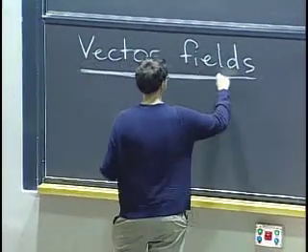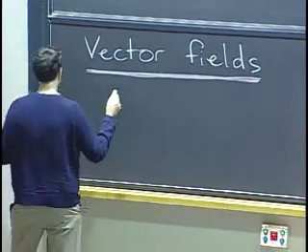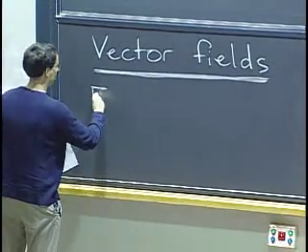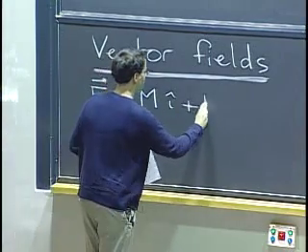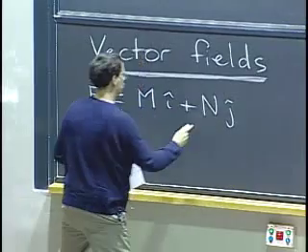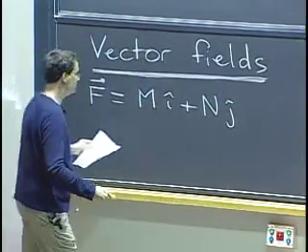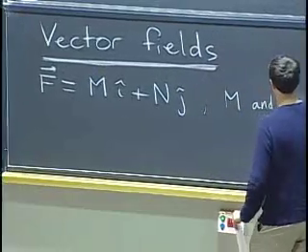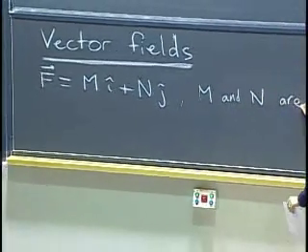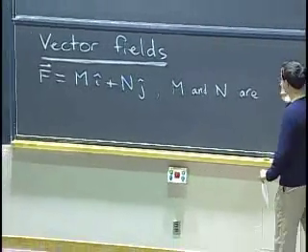So what's a vector field? Well, it's a vector, but where M and N, the components, actually depend on x and y, on the point where you are.